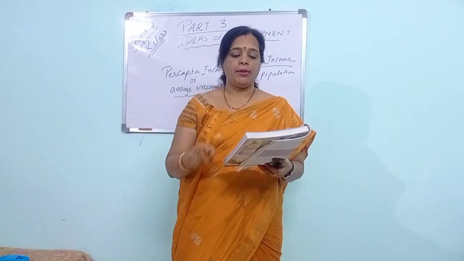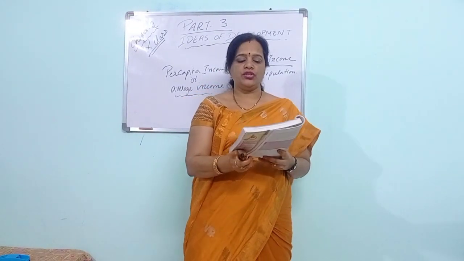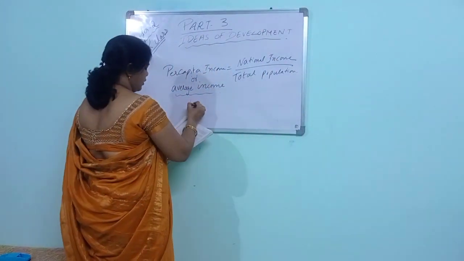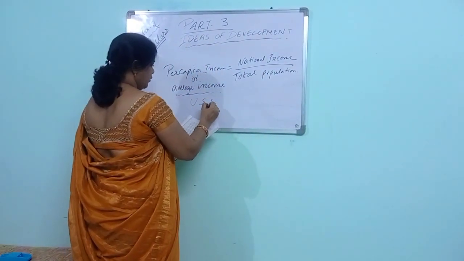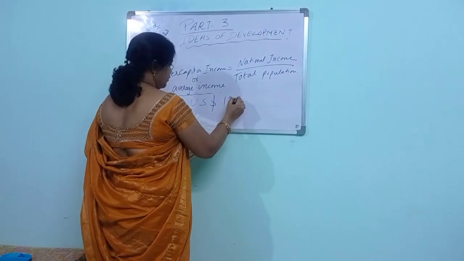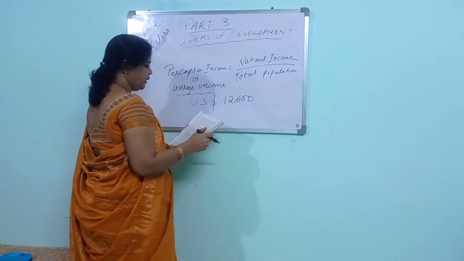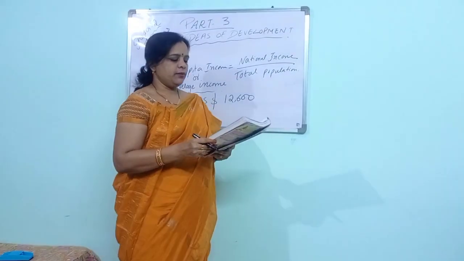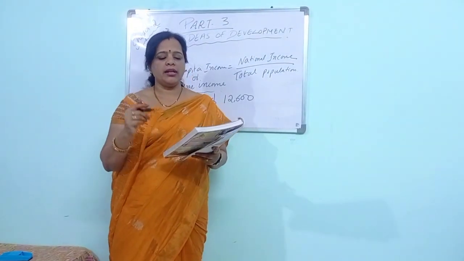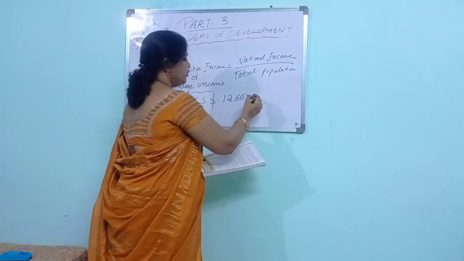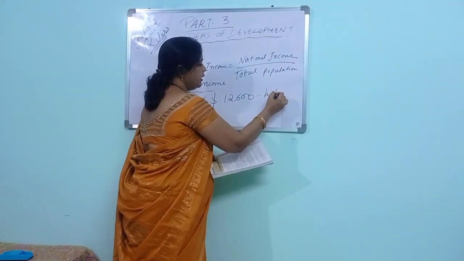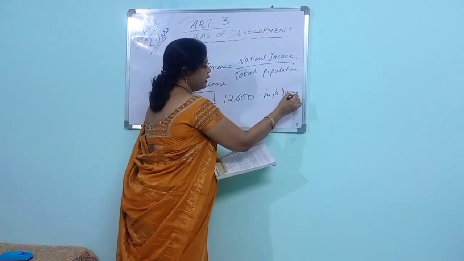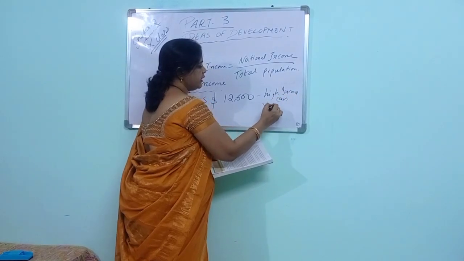Countries with per capita income of US dollars 12,600 and above per annum in 2012 are called high income countries. So they are called what? High income countries, or we call them rich countries.